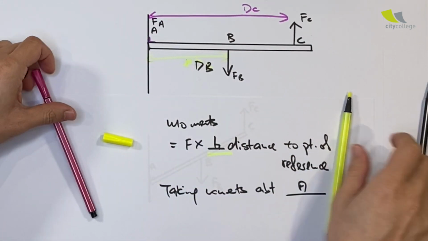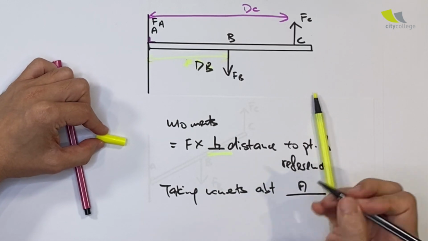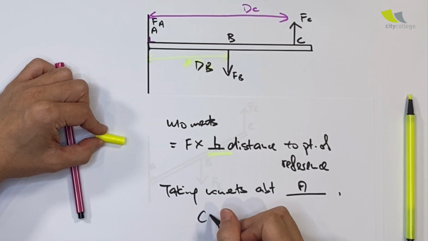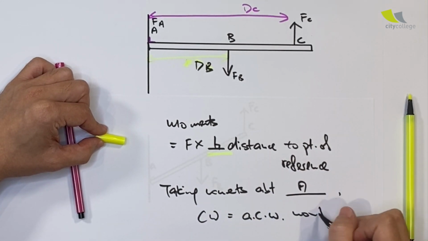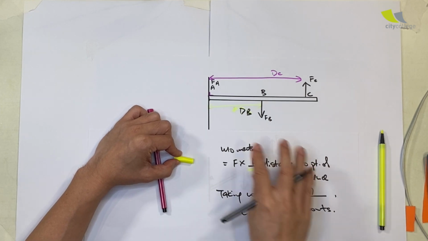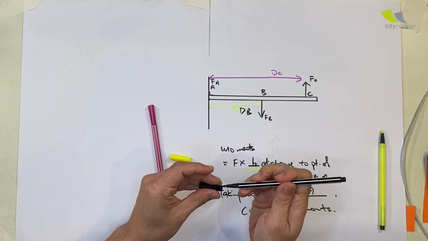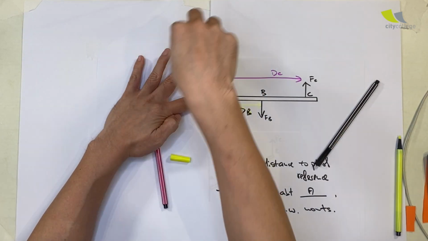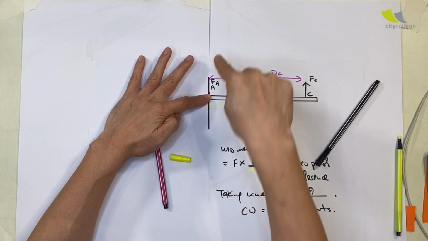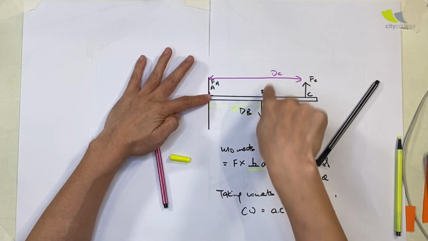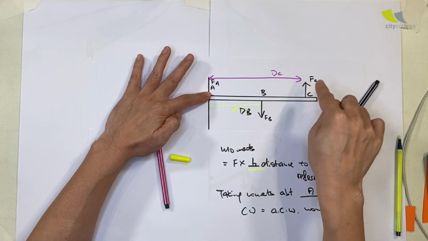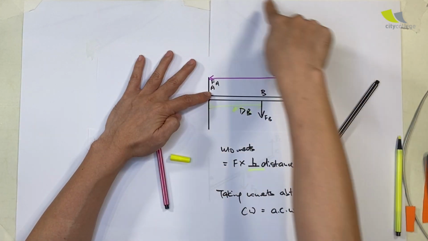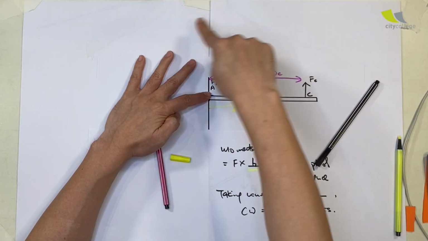So moments, we can divide them into clockwise and counterclockwise. Where you take moments about is the center of the clock. So this is your center of the clock, so it moves this way. 12 o'clock is here, 3, 6, 9. So this is clockwise. If this is the center of the clock, then it moves around here, around the center. So this is your counterclockwise.